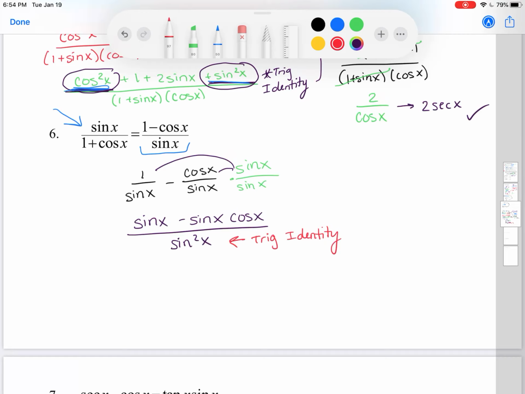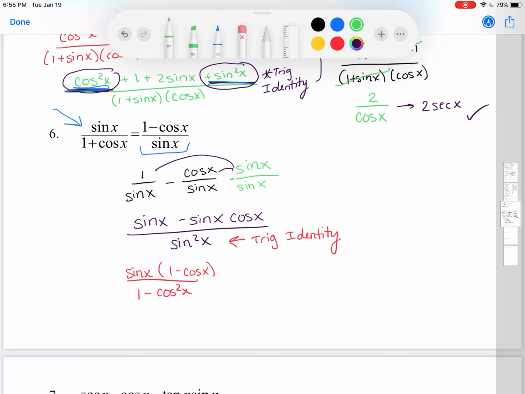So let's use it. Sine squared x is going to be the same as 1 minus cosine squared x in the denominator. And I'm going to factor out that sine x up in the numerator, leaving me with this.